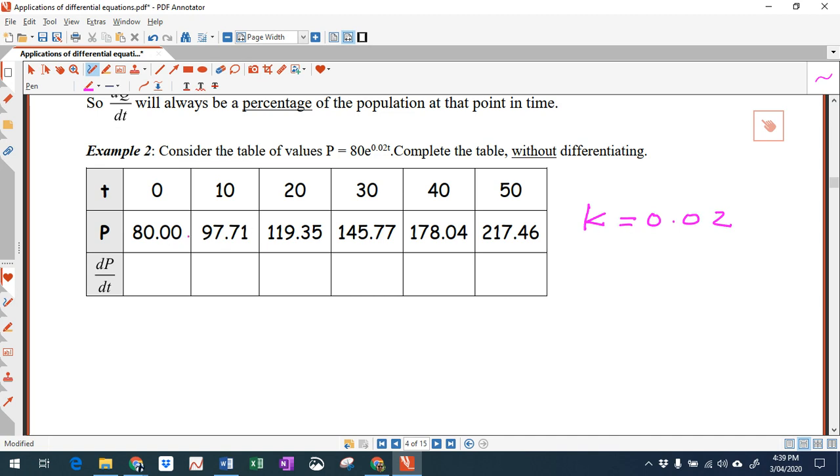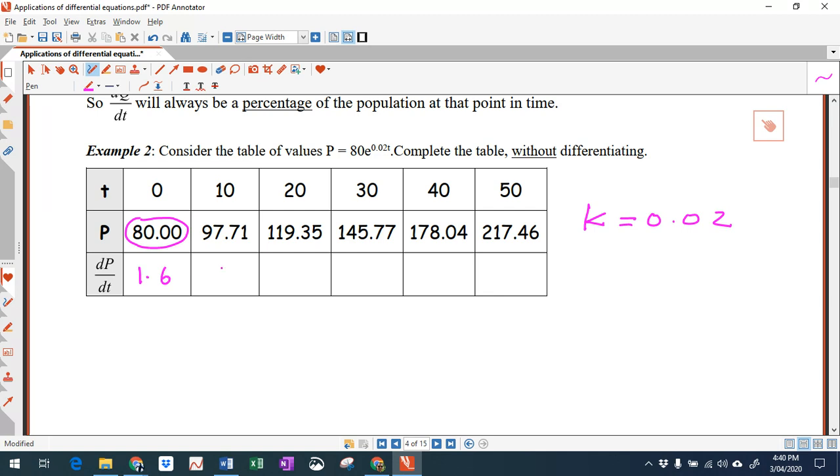So all I've got to do is multiply that by the population at that time, and that gives me the value of the derivative at that moment. So 80 times 0.02 is going to give me 1.6.